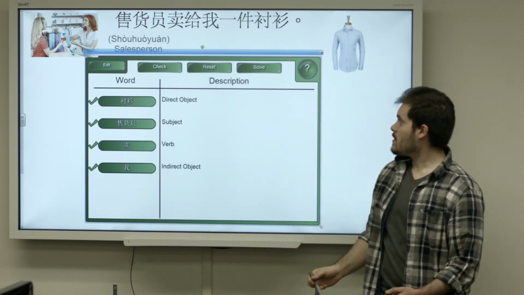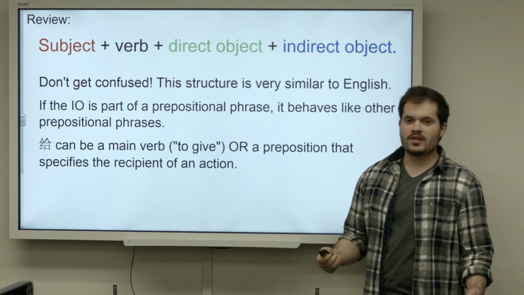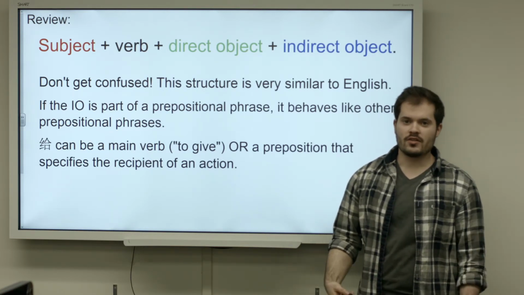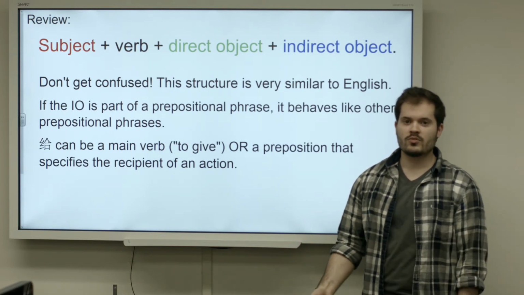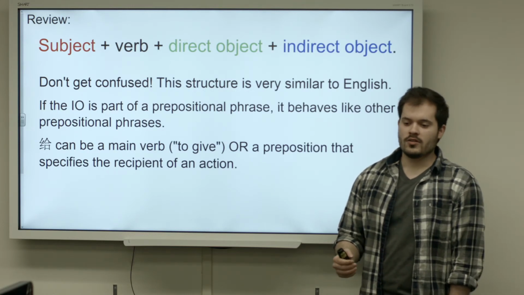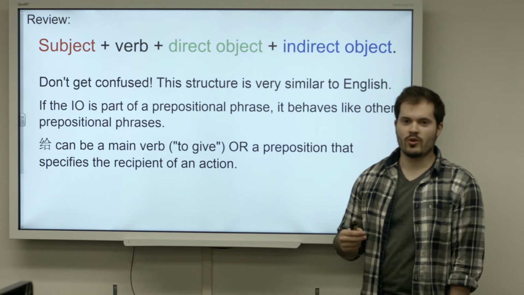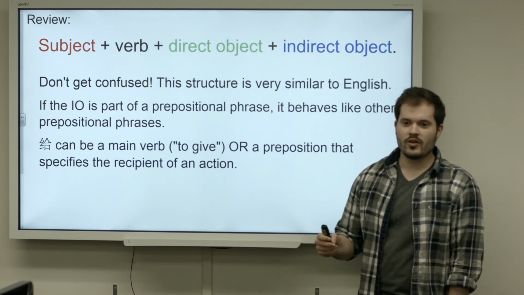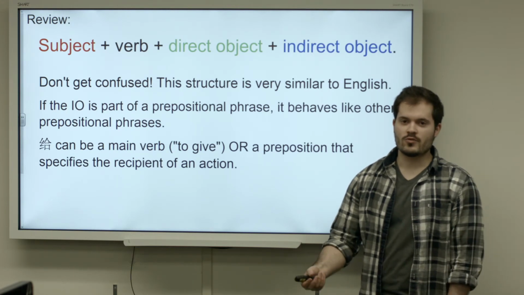There we go. So, what's the point of all this? The point is, it's going to be easier for you guys to understand these things when they're spoken or when you're reading them. That shouldn't be too hard because it's very similar to English. What's going to be harder is understanding the nuances of which verbs should take prepositional phrases or where to put them when you're trying to produce a sentence, when you're trying to speak Chinese. That's what's harder.